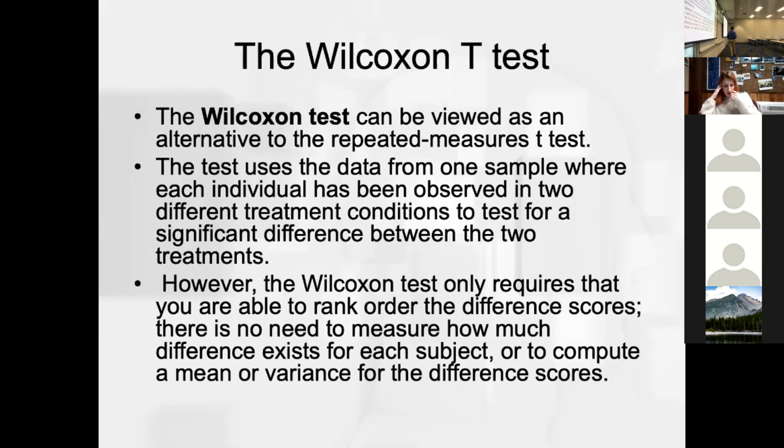So the Wilcoxon T test, as we already talked about, is an alternative to the repeated measures T test, using data from one sample where each individual has been observed in 2 different treatment conditions to test for a significant difference between the 2 treatments. As with the Mann-Whitney U, there's no need to compute a mean or variance for those difference scores.